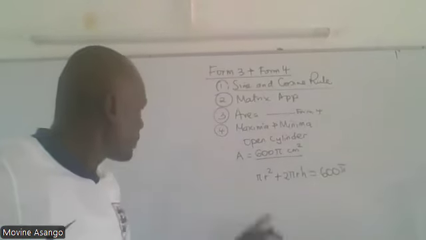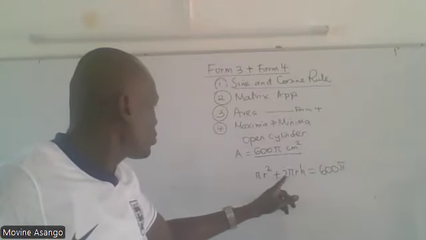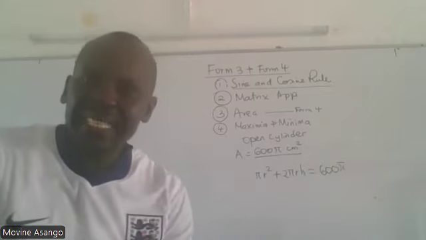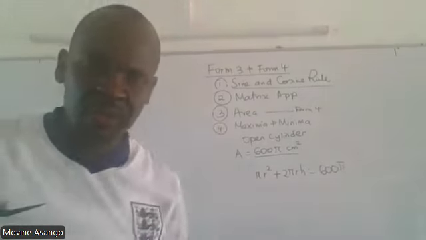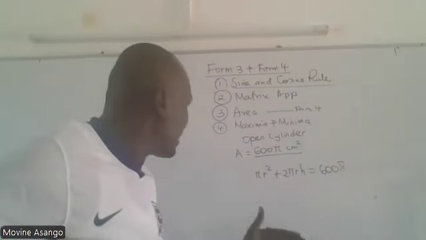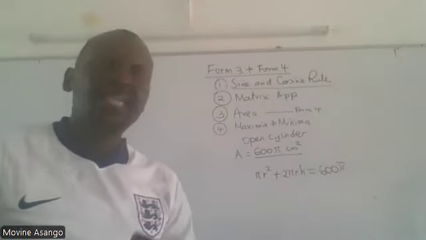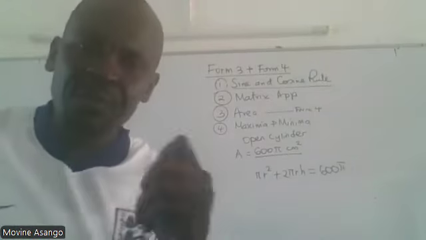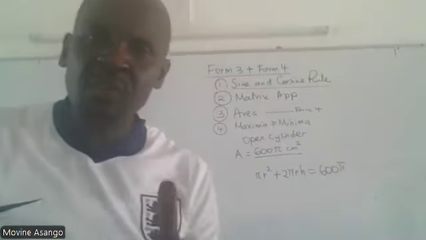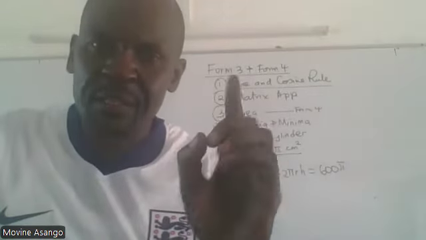You can clearly see pi can go. r squared plus 2rh is equal to 600. You can find an expression for h alone in terms of r. You can find an expression for volume in terms of r only. You can find the value of r for which the volume is a maximum, the value of h for which the volume is a maximum, and that maximum volume. That is the application of maxima and minima.